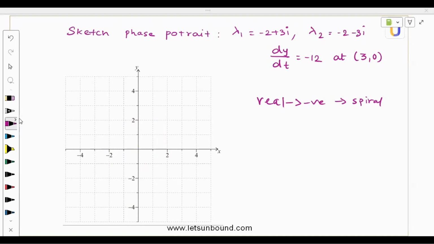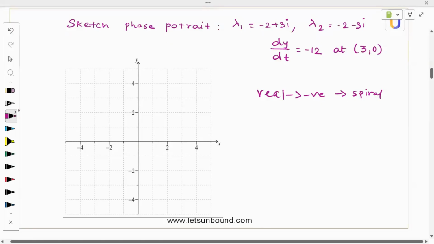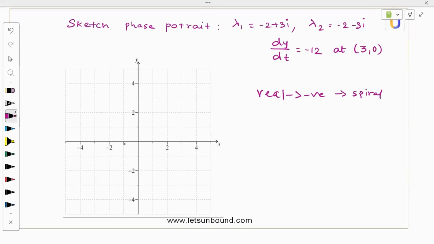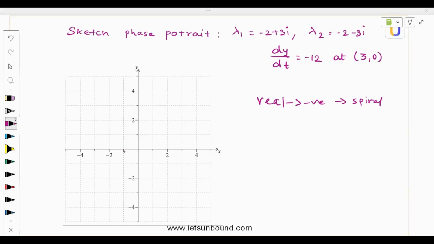That is important. The phase portrait will go towards the origin. The spiral will get formed. So like this, okay, and in both the ways, right? And the direction we need to find. The direction is given by the imaginary part of the eigenvalues, which is 3i and -3i. And this will give us the direction.